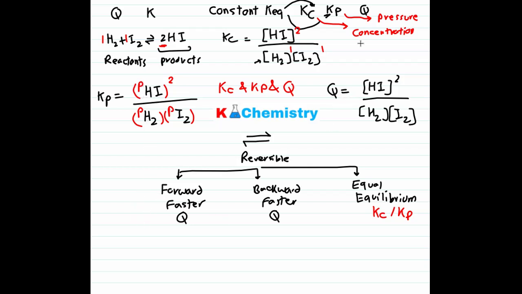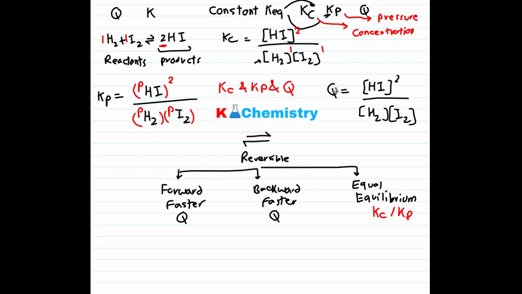You find the concentration of HI, square it, and divide by the concentration of H2 multiplied by I2. And if you are talking about pressures, you find the partial pressure in atmospheres or whatever unit, divided by the pressure of H2 multiplied by the pressure of I2.